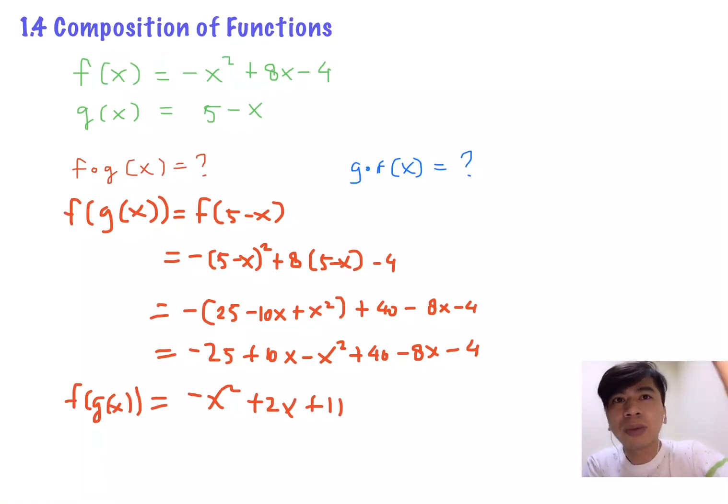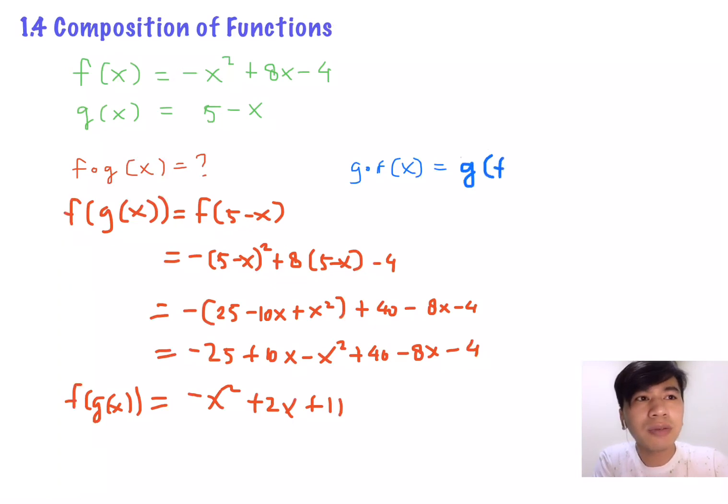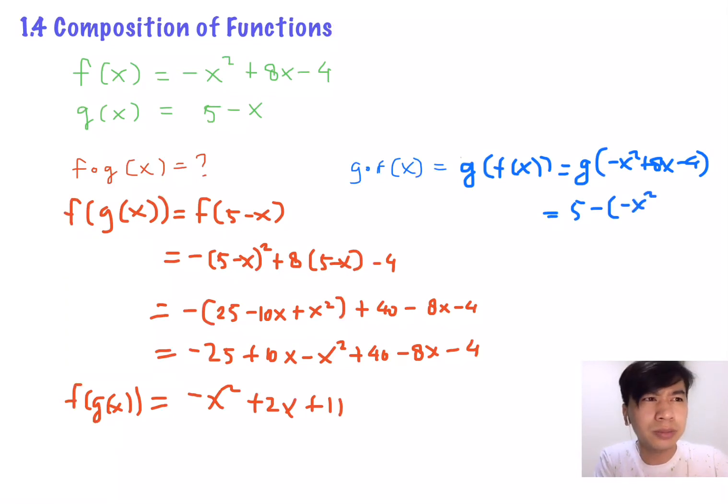Let's compare it with g of f of x. So g of f of x: f of x is negative x squared plus 8x minus 4, so that will be 5 minus (negative x squared plus 8x minus 4).